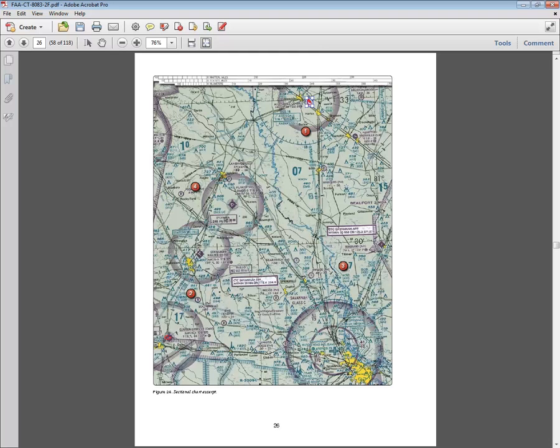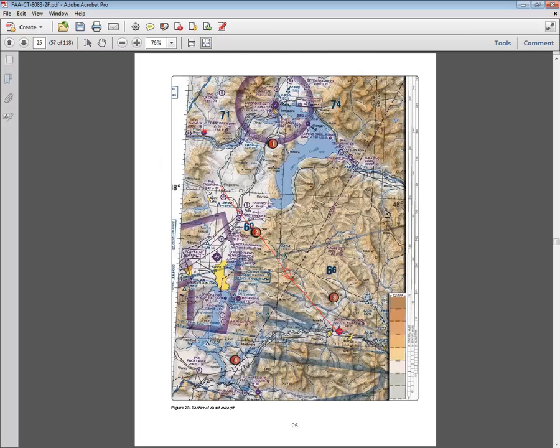We bring up figure 23. And on this question, we're trying to find the estimated time from Sandpoint to St. Maries. So we're going from Sandpoint here down to St. Maries here. So we need to measure the direction and the distance from this question.